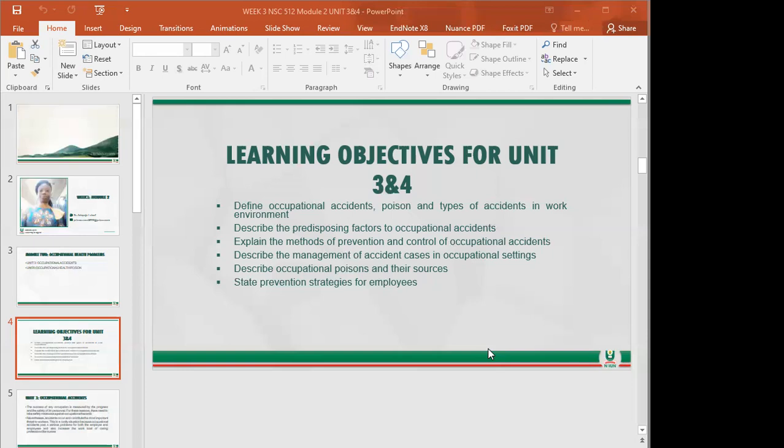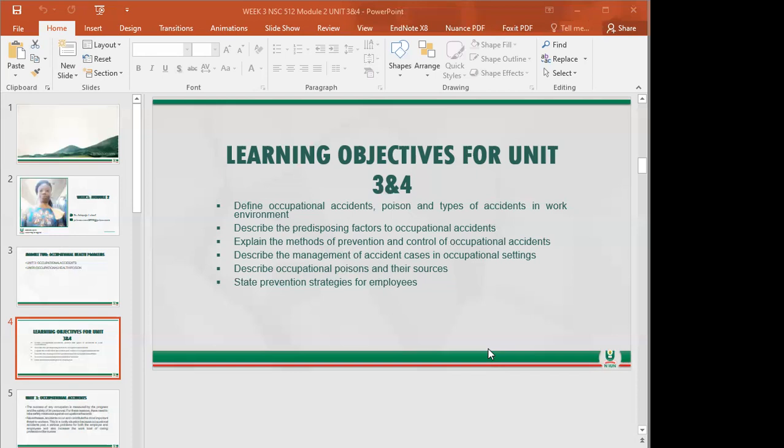Not only that, learners should be able to describe the predisposing factors to occupational accidents, explain methods of prevention and control of occupational accidents, describe the management of accident cases in occupational settings, and describe the occupational poisons and their sources. And lastly, learners should be able to state prevention strategies for employees.